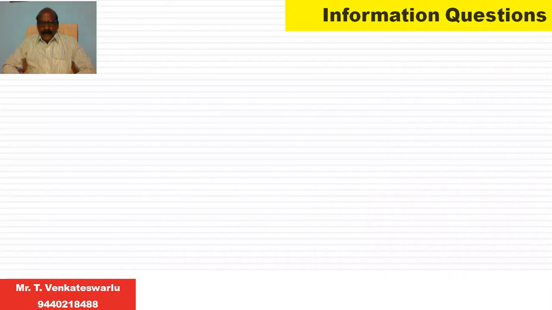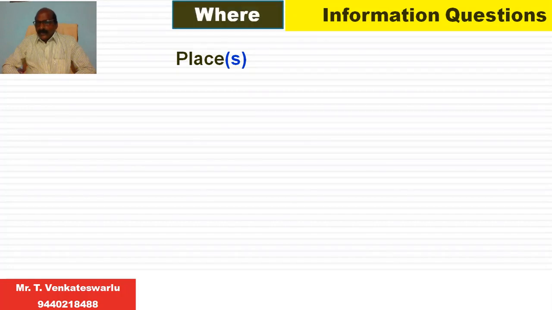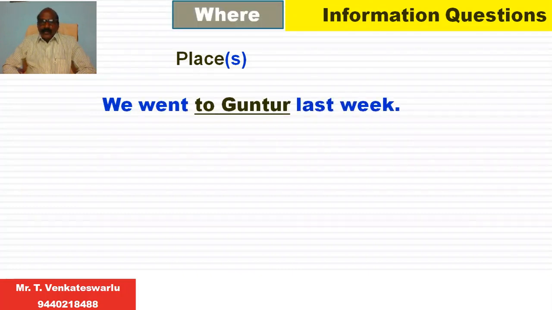Next, another question word, where. The question word where refers to places. For example, we went to Guntur last week. First, we should change this into a yes or no type question. And the verb in the given sentence is in past tense. Went is in past tense.